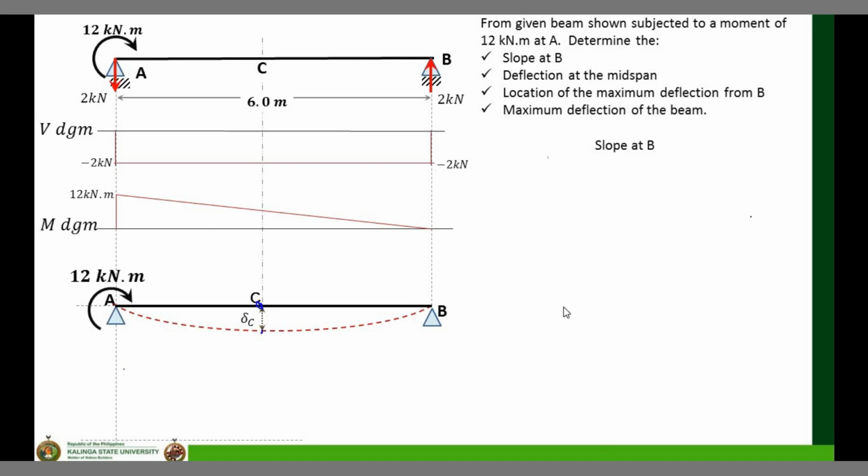Okay? Since slope ang hinahanap natin, if I'm going to draw a tangent line passing through B, yung angle from the original beam hanggang doon sa may tangent line, that is the slope at B. Okay?